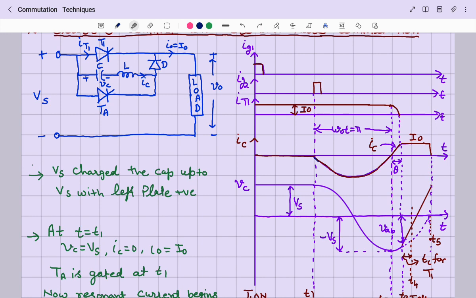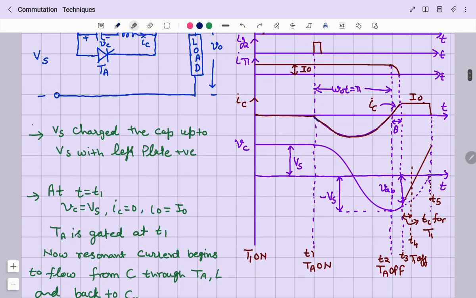Now the capacitor C has to be charged up to plus Vs as the initial condition, so it is charged through the constant load current I0, which flows from the supply to the capacitor, then the inductor, then the diode, and then the load, which you can see is from instant T3 to instant T5.